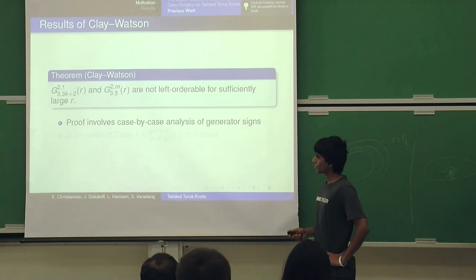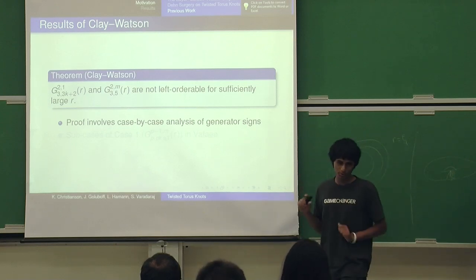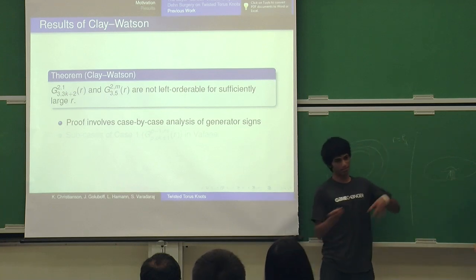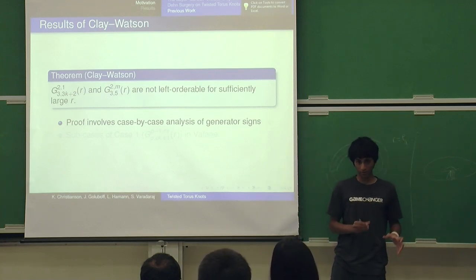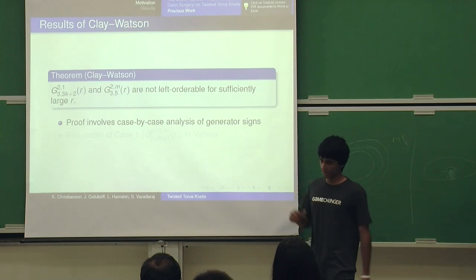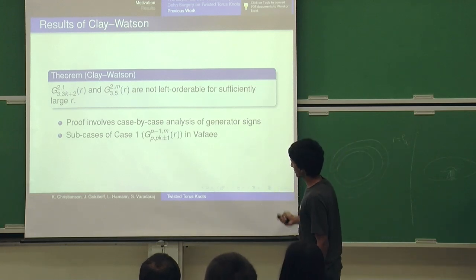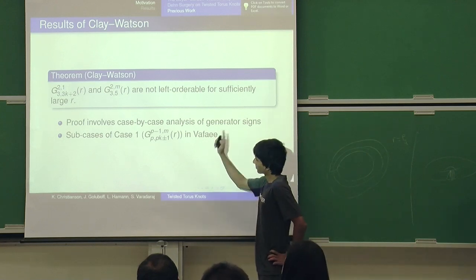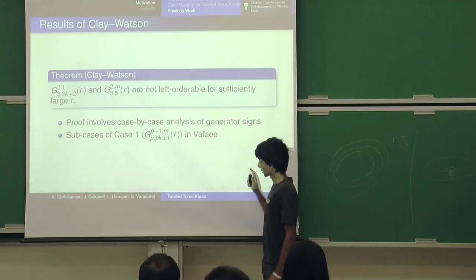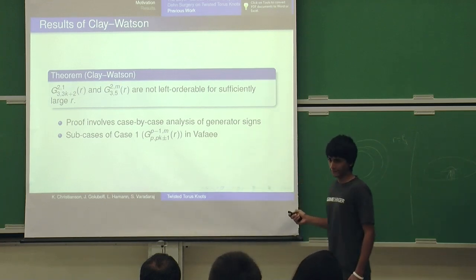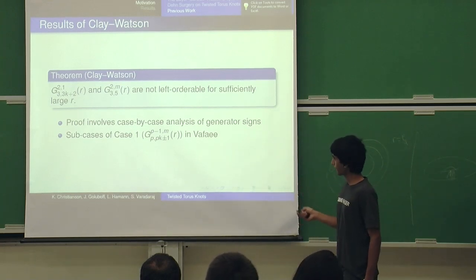So we wondered whether it was possible to use the methods of Ichihara and adapt them to the 3 cases of Lafai. And that's exactly what we did. Exactly. So the Clay-Watson general case was just the first case of Lafai. And we did this first.